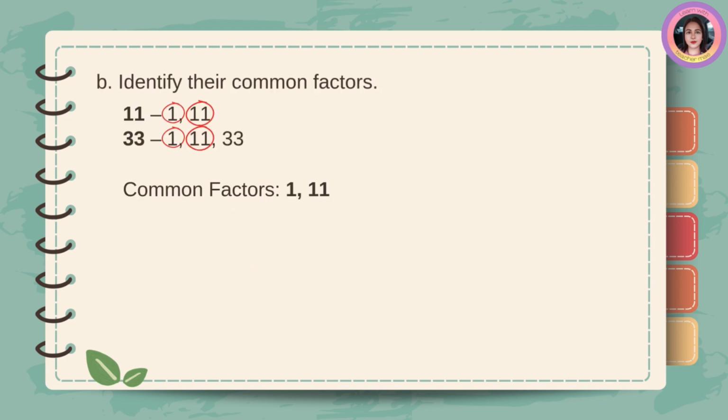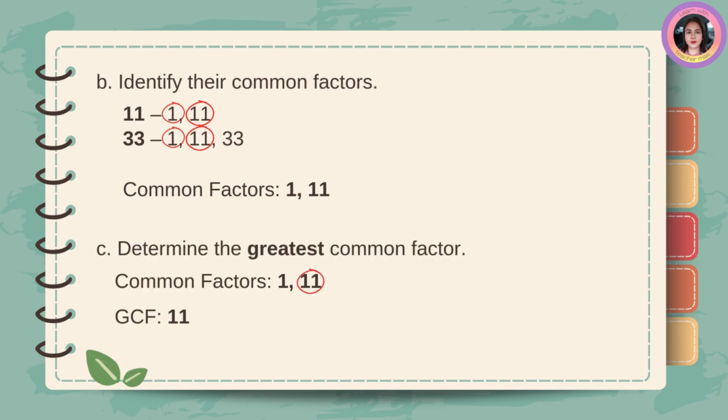Then, identify their common factors. The common factors of 11 and 33 are 1 and 11. Determine the greatest common factor. The common factors are 1 and 11, and the greatest common factor is 11.